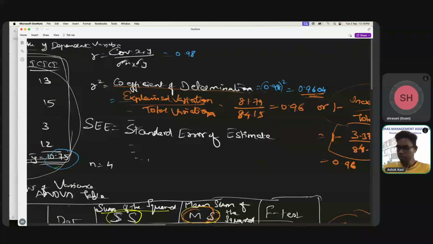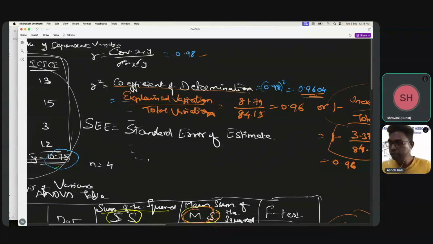So basically what is R square? R is telling you the strength of the linear relationship. So 0.9698 is a very strong linear relationship. That means when X is going up, Y is also going up. That is what R is telling you.